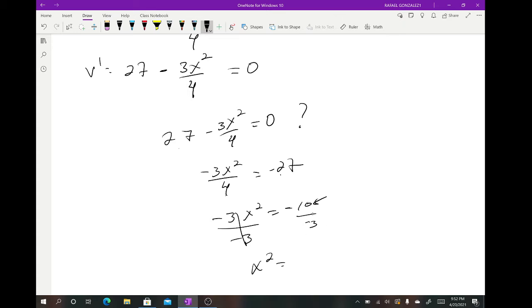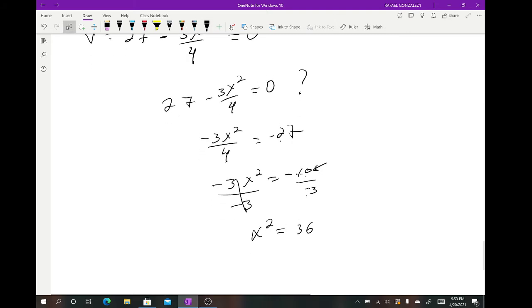We have x squared is equal to, 3 goes into 10 3 times, so that's 18, and 3 goes into 18 6 times, so that's 36. Minus and minus cancels, so you have x squared equals 36, and now you take the plus or minus square root on both sides, which means x is equal to plus or minus 6.